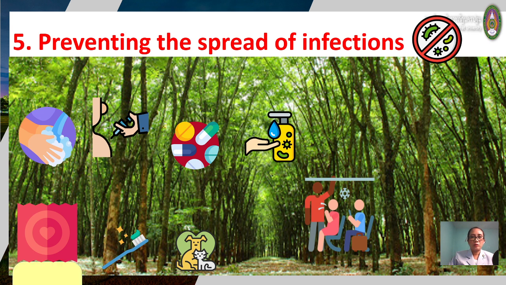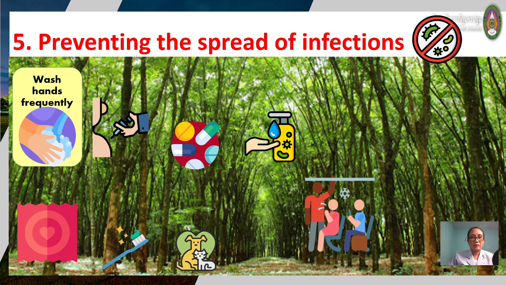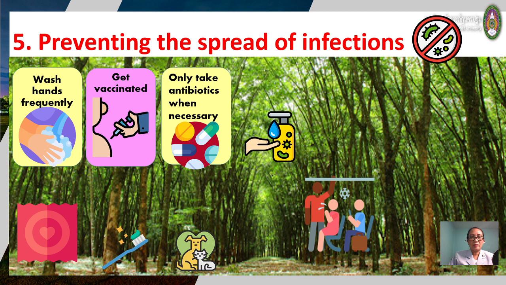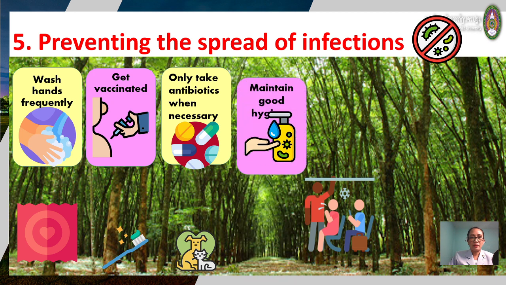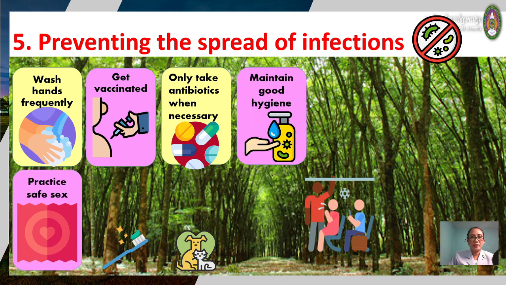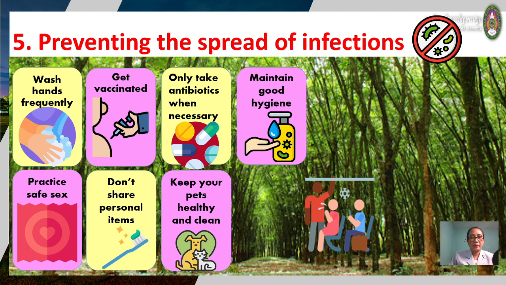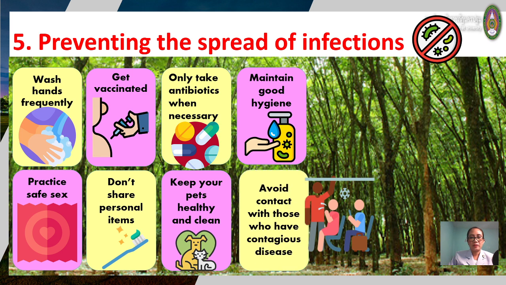How do we prevent the spread of infection? It's very easy. Wash hands, get vaccinated, only take antibiotics when necessary, maintain good hygiene, practice safe sex for sexually transmitted infections, don't share personal items, keep your pets healthy and clean, and of course, avoid contact with those who have contagious diseases.